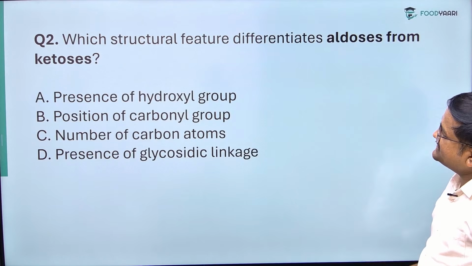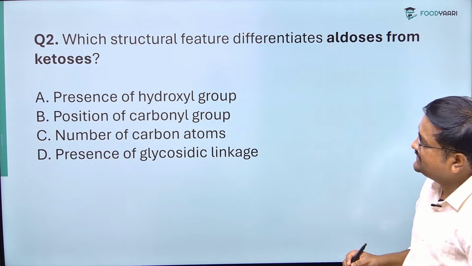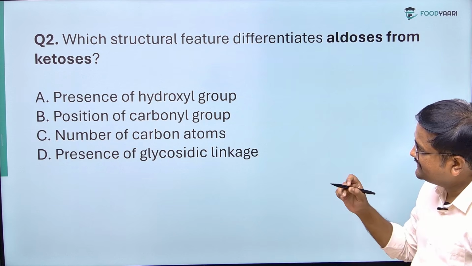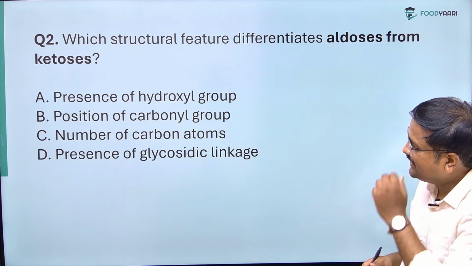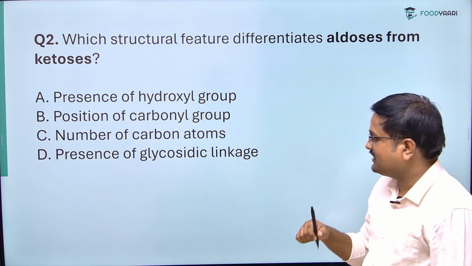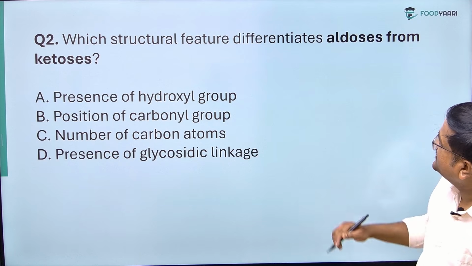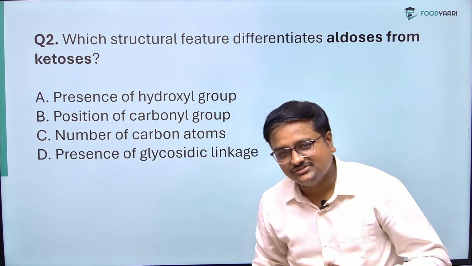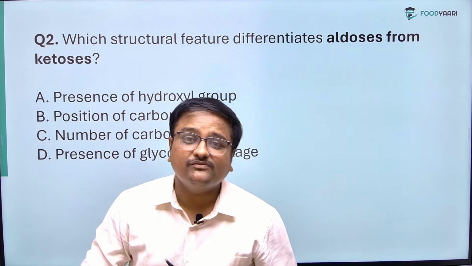Which structural feature differentiates aldoses from ketoses? Option A, presence of a hydroxyl group. Option B, position of a carbonyl group. Option C, number of carbon atoms. Option D, presence of glycosidic linkages. Aldoses and ketoses, that is aldehydic sugar and ketonic sugar, are differentiated based on their functional group.